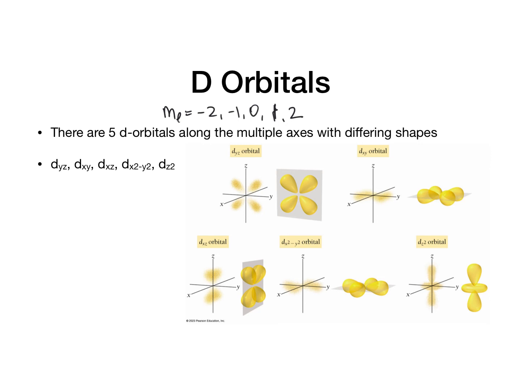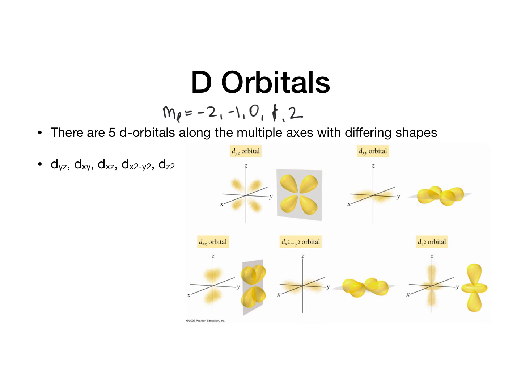And there is a single other shape, the dz squared. These 5 orbitals correspond to the 5 m sub l values. We don't typically draw these a lot in this video series, but we want to keep in mind that there are 5 of them and they are each unique.